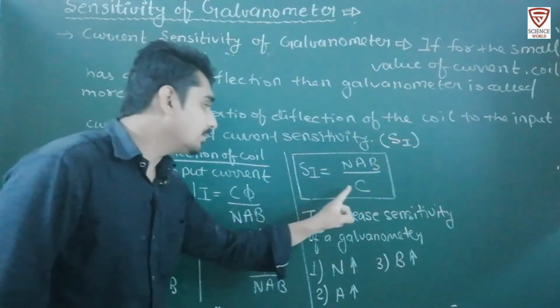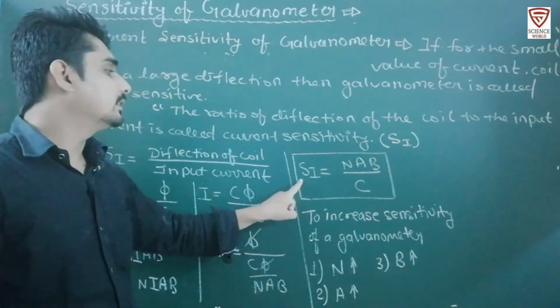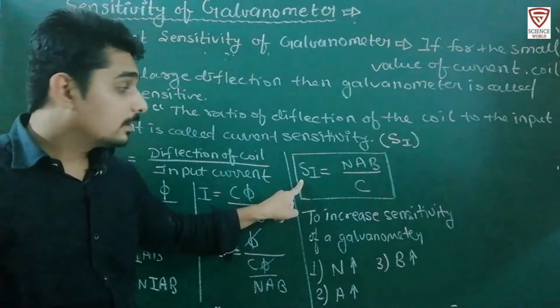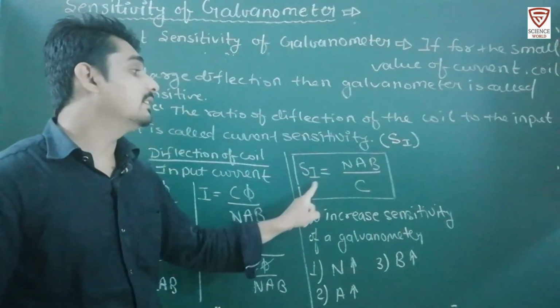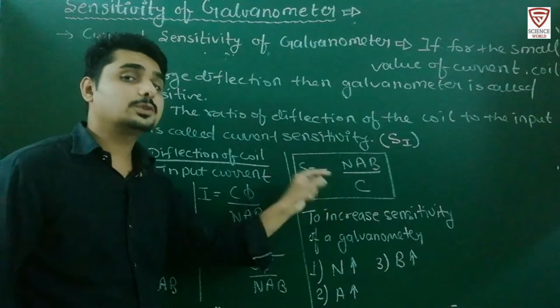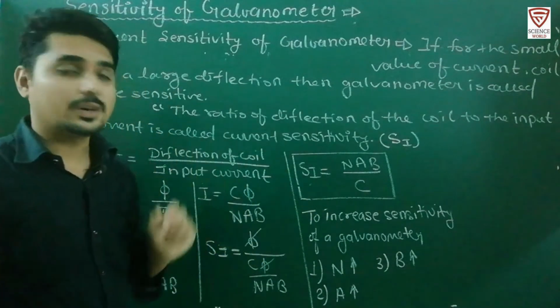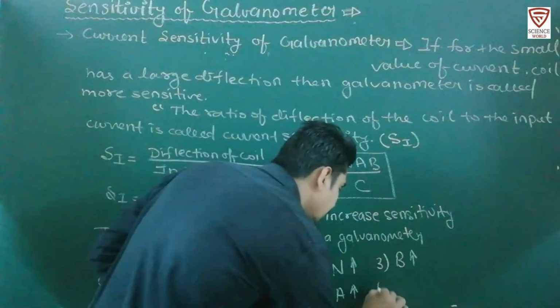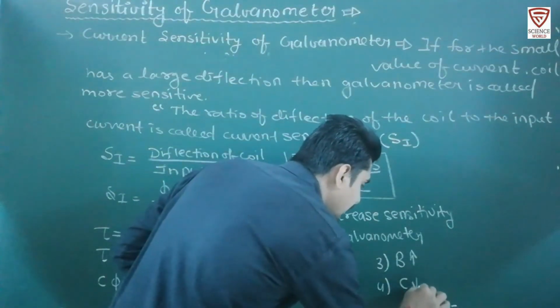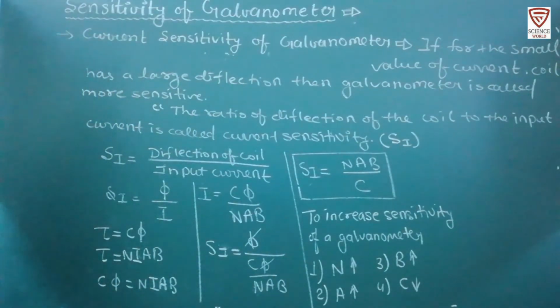And if we increase this value of C, then this sensitivity will decrease. So to increase this sensitivity, the value of C should be decreased. So spring should be selected such that it has as small as possible modulus of rigidity. So C should be decreased. Students, note it down.